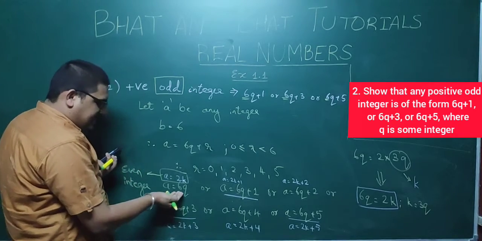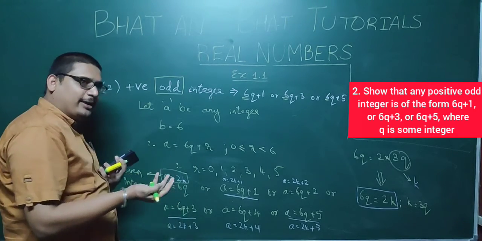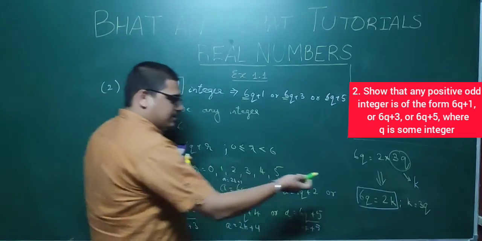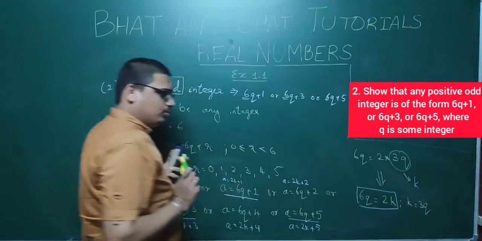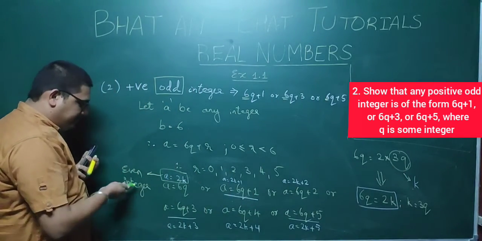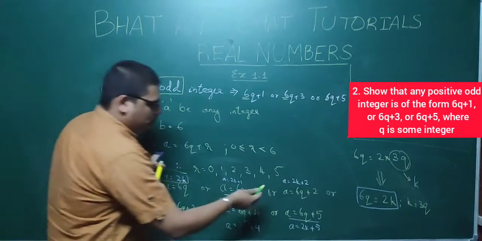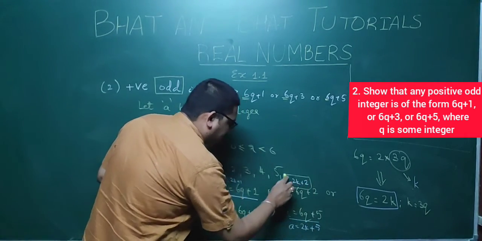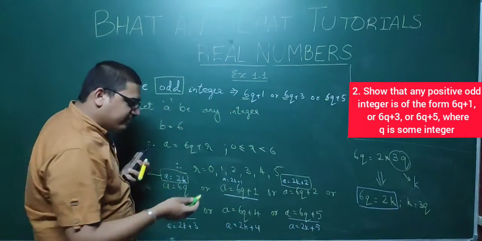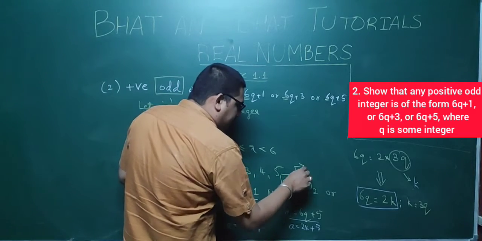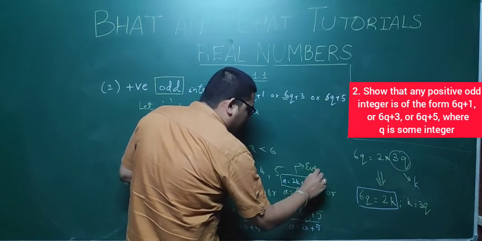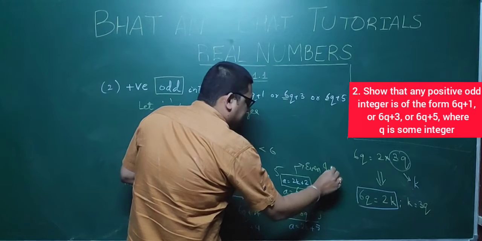My bigger number, I have represented in a smaller format by making the substitution k is equal to 3q. So if 2k is representing an even integer, 2k plus 2 also should represent an even integer, because again, as I said, to an even integer, if I add 2, it becomes an even integer.